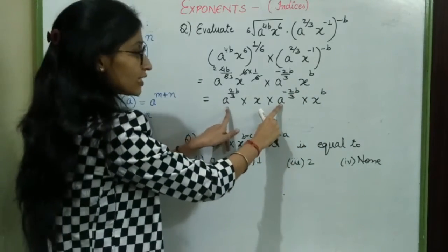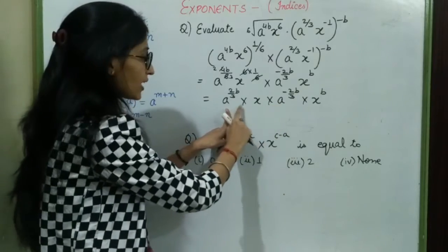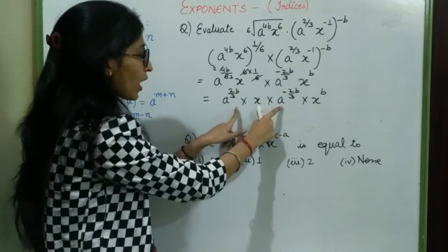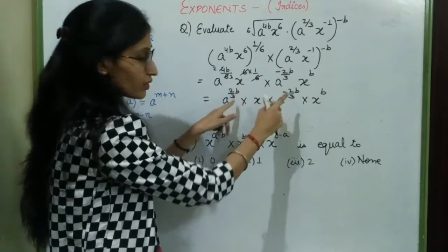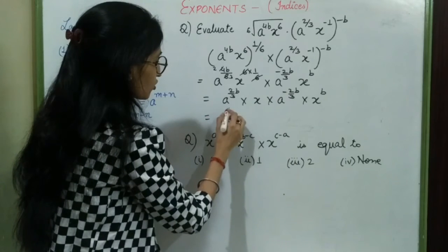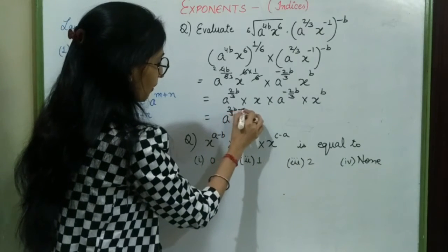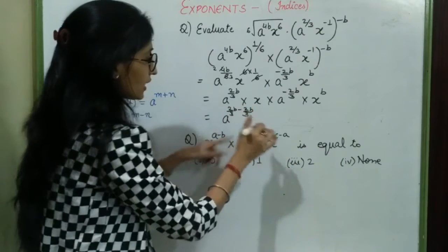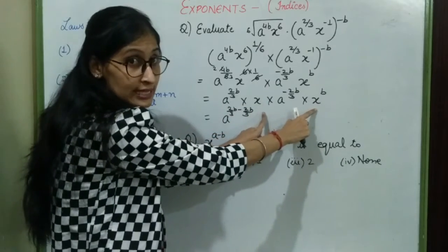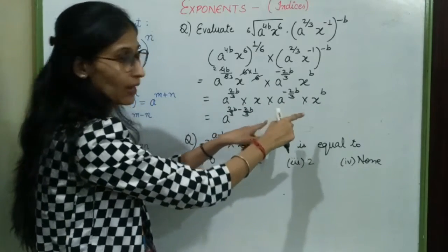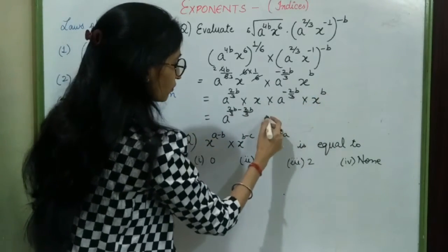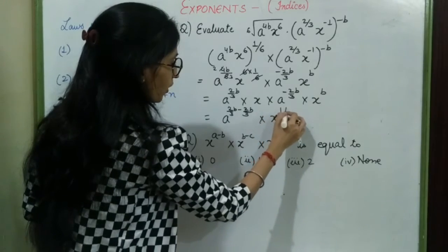Now for these two, the base is same and the sign is of multiply, so I am going to add the powers. a raised to power 2 by 3b minus 2 by 3b. And for these two, base is same and the sign is of multiply, so add the powers of these two, 1 plus b.